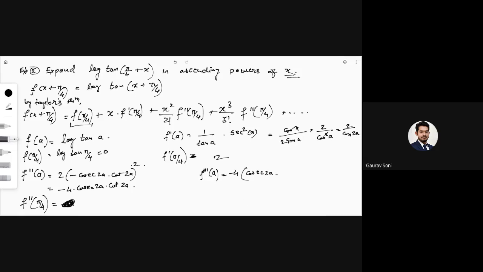Cosec 2A, derivative of cot 2A is minus cosec square 2A into 2, plus cot 2A as it is, derivative of cosec 2A, minus cosec 2A into cot 2A into 2.